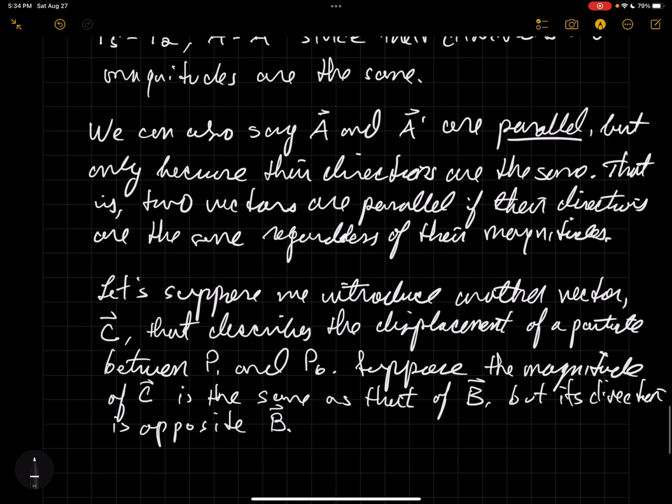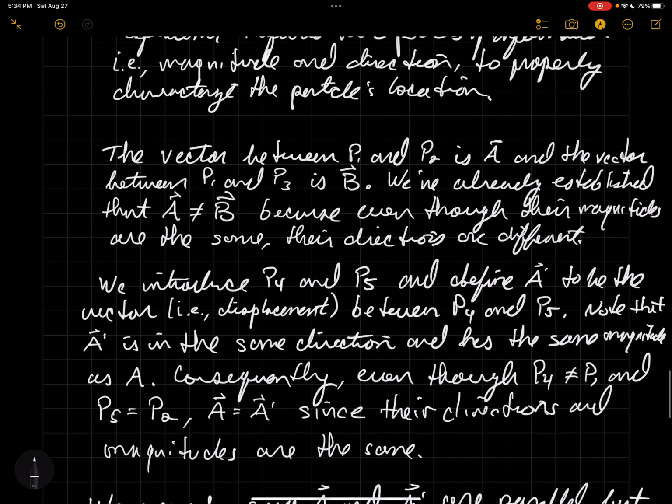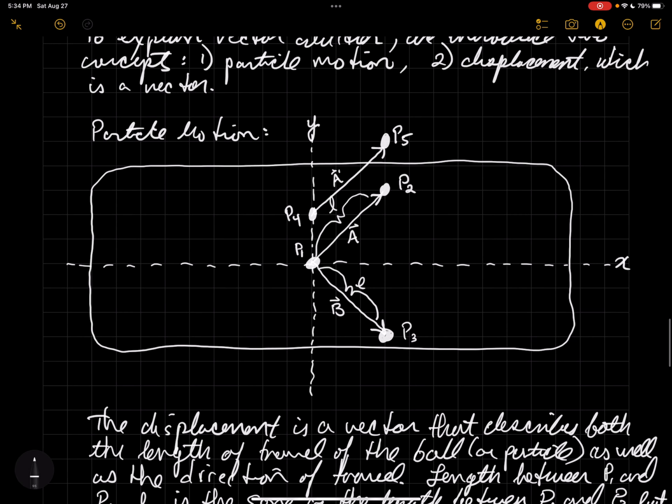So if we take this information that we just described and we go back to our little diagram up here, we're going to introduce a new point P6, and we're going to let the vector C describe the displacement between P1 and P6, and the magnitude of that vector will be the same as the magnitude of B, but it's in the opposite direction of B. Okay, so that means that P6 is going to be up here in quadrant 2.